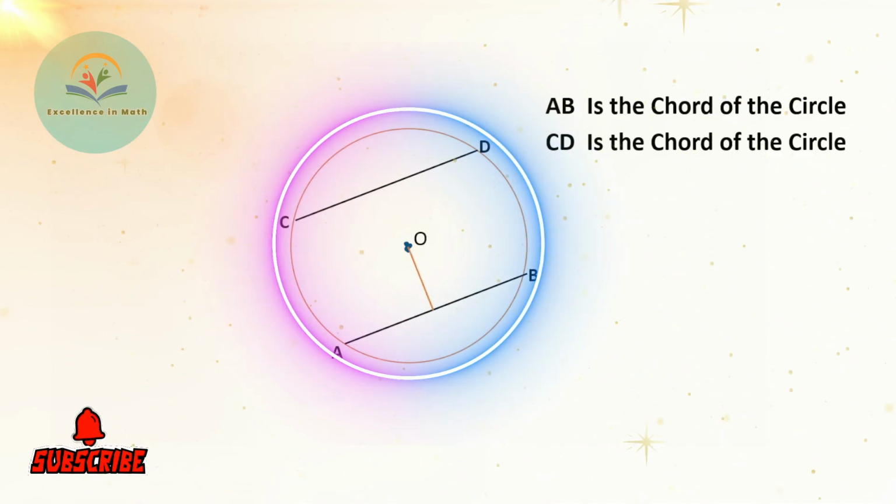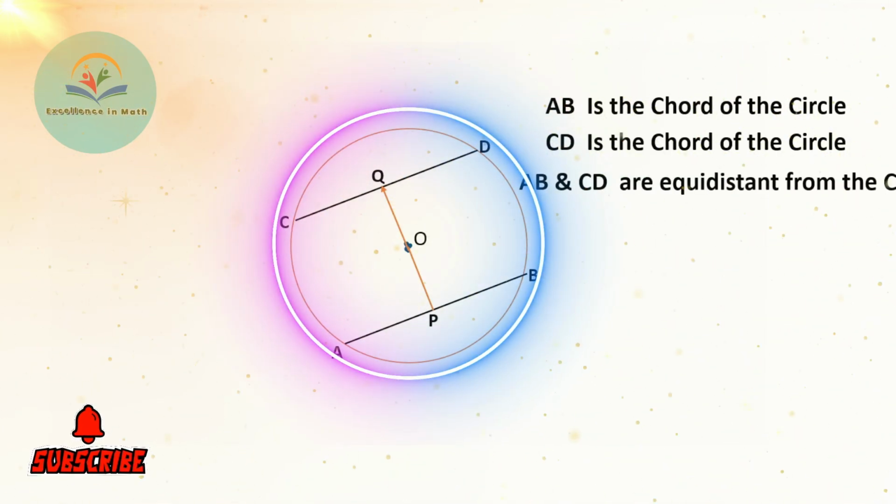Now, from the hypothesis, the perpendicular distance from the center to the chord AB is OP. Also, OQ is the perpendicular distance from the center to the chord CD. Since AB and CD are equidistant from the center, we can say that OP is equal to OQ.